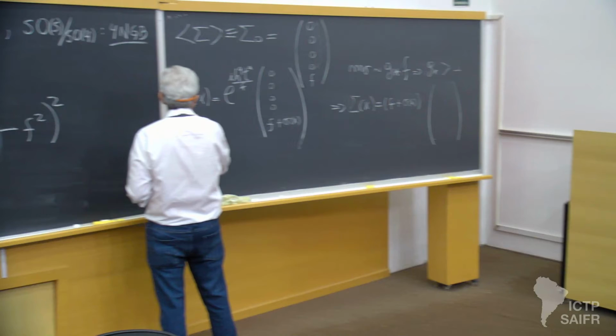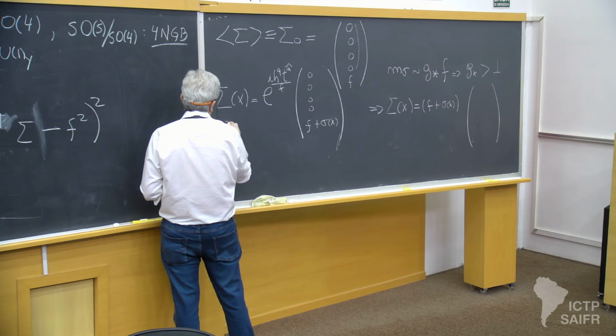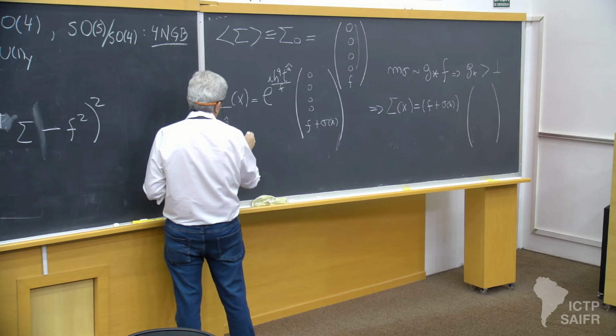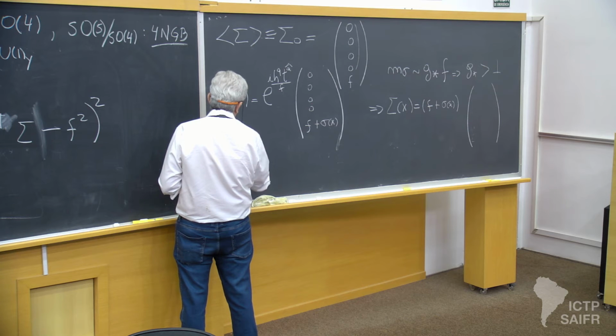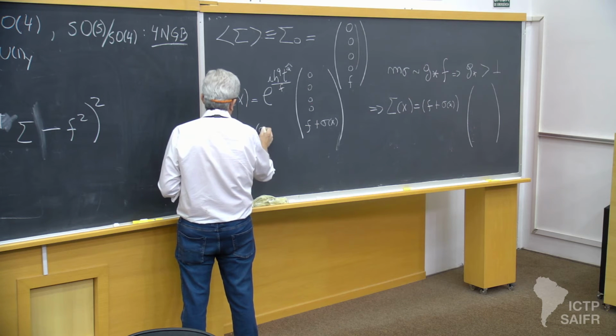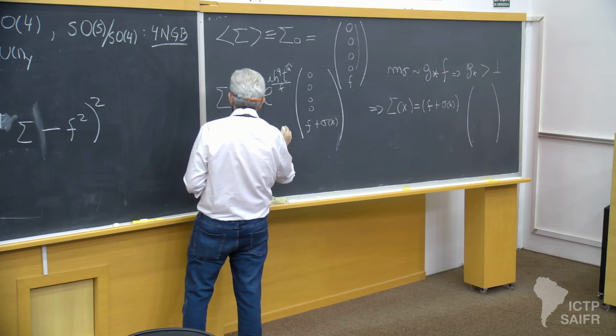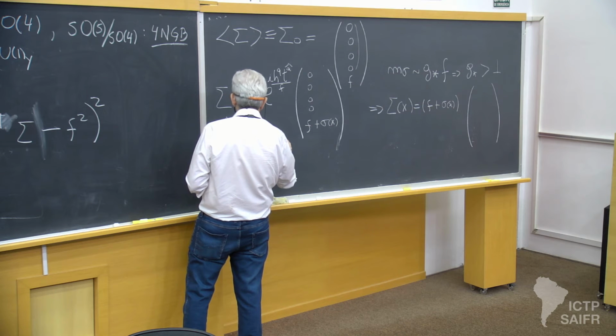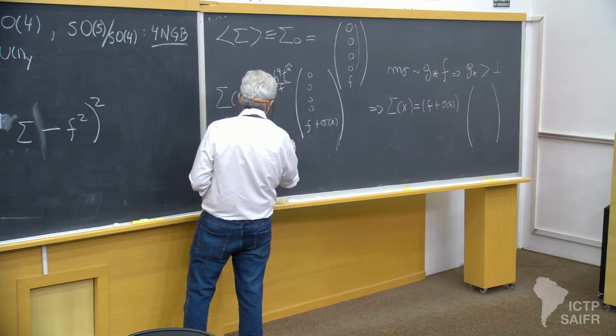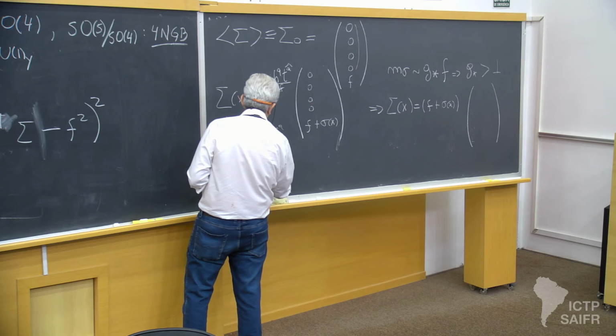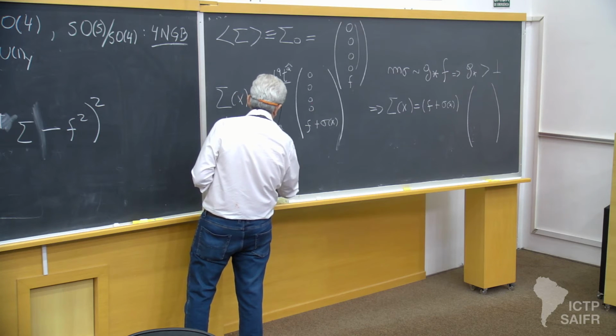These are the broken generators: T^a_{IJ} is 1 over square root of 2 times delta_{Ia} delta_{J5} minus delta_{Ja} delta_{I5}.